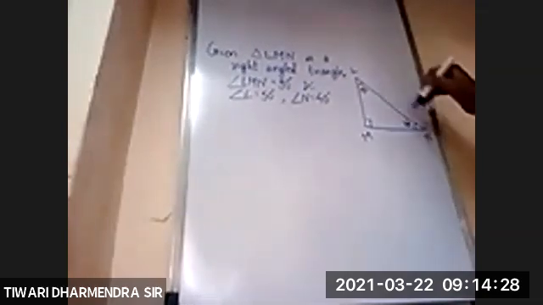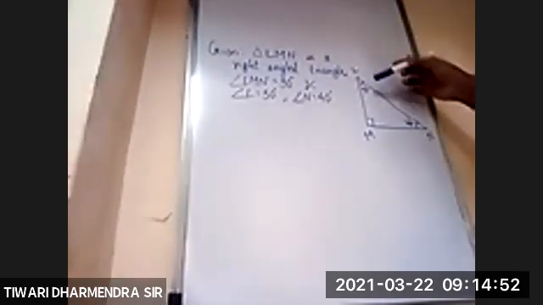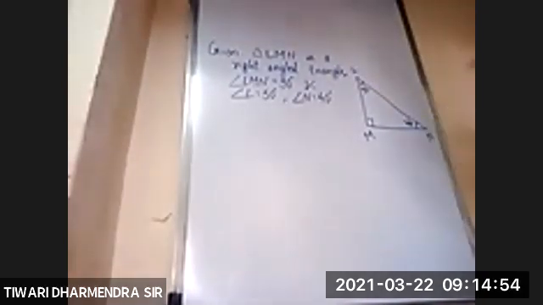If you write 50 and 60, it will be a null case, in which the diagram is non-acceptable, because we know that the sum of the measure of all angles of a triangle is 180 degree. Any triangle having more than 180 degree will not satisfy the standard rule of its sum. So here you can say angle L is complementary to angle N and angle N is complementary to angle L.